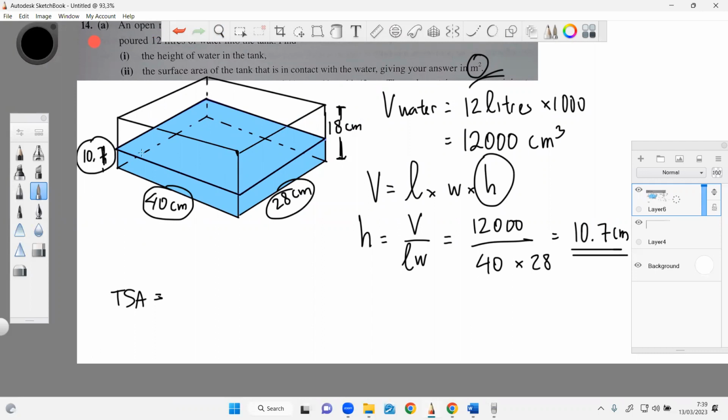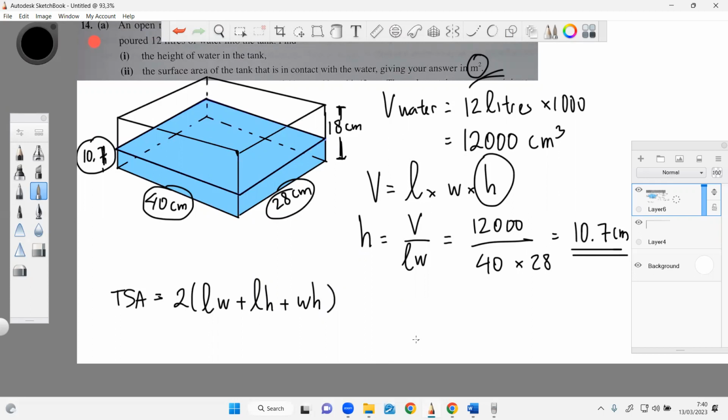So in contact with water, 2 times 40 times 10.7. Why? Because this has two sides, right? Or if you want, I have another way. I don't know which is better for you. Initially do the regular working.